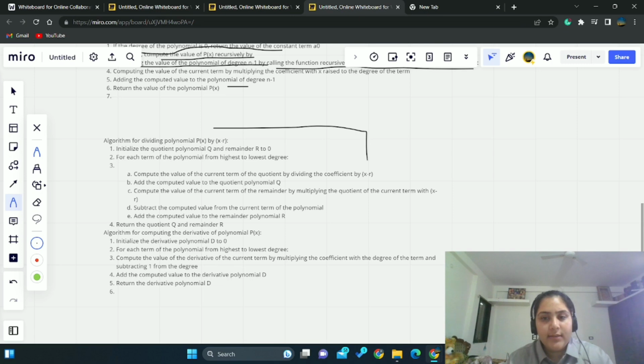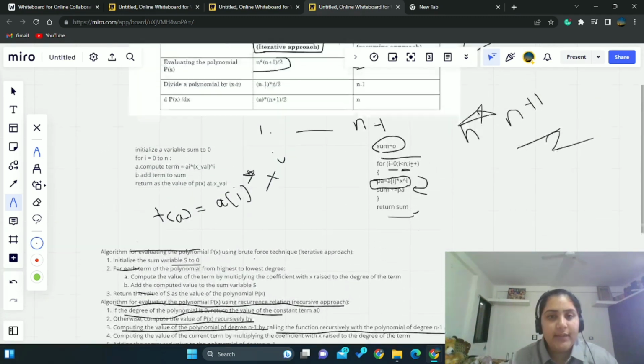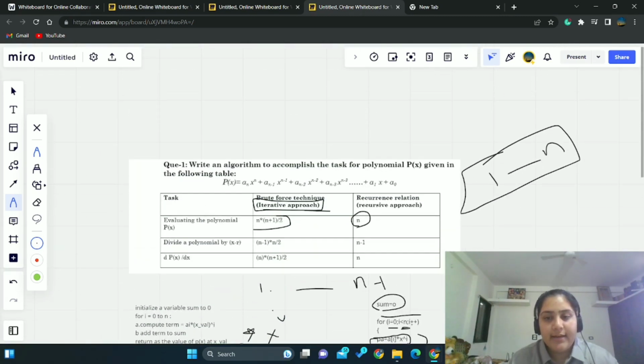By seeing the algorithm, we can evaluate how many times the iteration will occur. This is for dividing the polynomial p of x by x minus r, and by seeing the algorithm we can evaluate the iterative approach and the recursive approach. Here, for dividing the polynomial, the count will be n minus 1 into n by 2, and the recursive approach will be n minus 1.